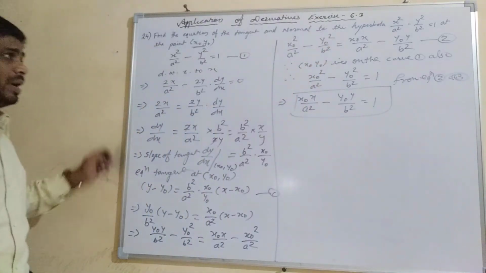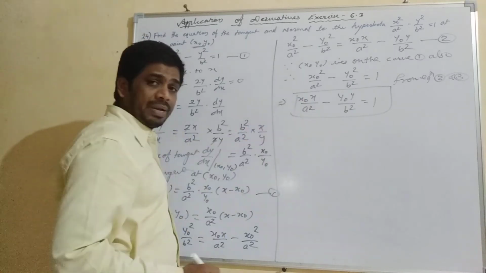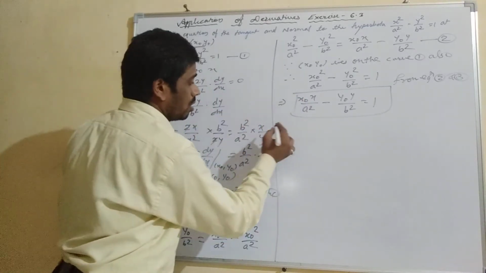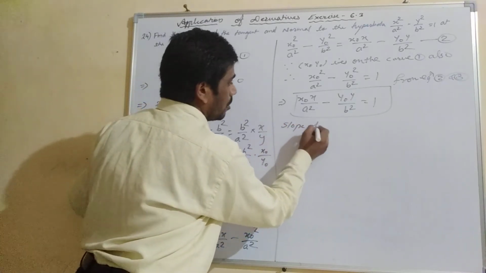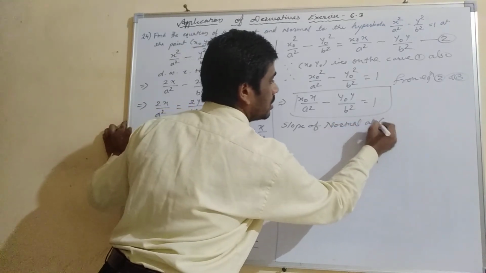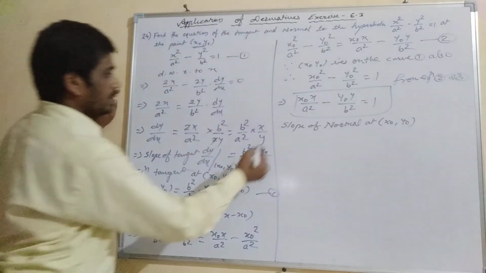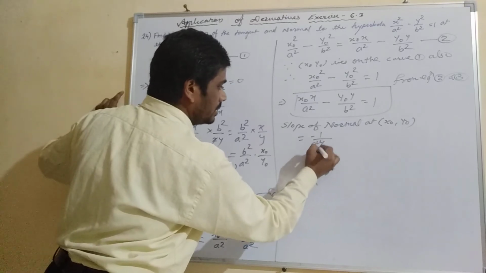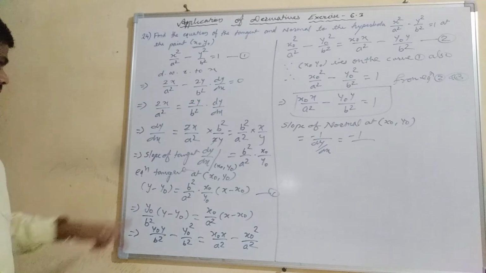Now this is the equation of tangent. We have to find the equation of normal. So for that, we will find the slope of a normal at the given point. So we will write here minus 1 upon dy upon dx, which means minus 1 upon the dy upon dx we got.